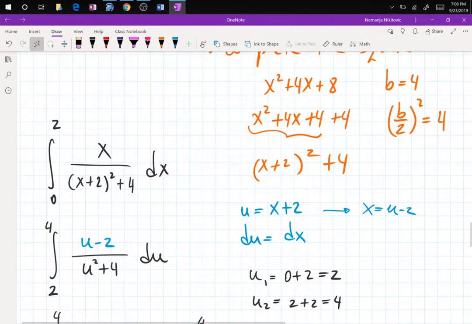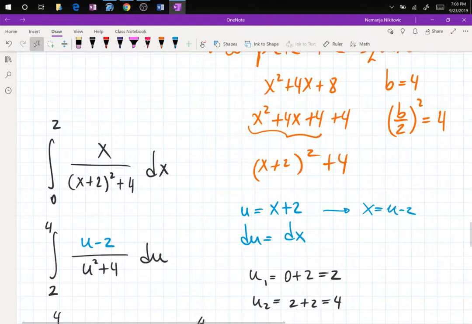This type of u substitution is actually called back substitution. Your section 5.5 lecture has a single example when you have to do this, one example in the text only. It's called back substitution because this x over here had to be substituted by u minus 2, which you get by solving your u sub and having it written backwards.